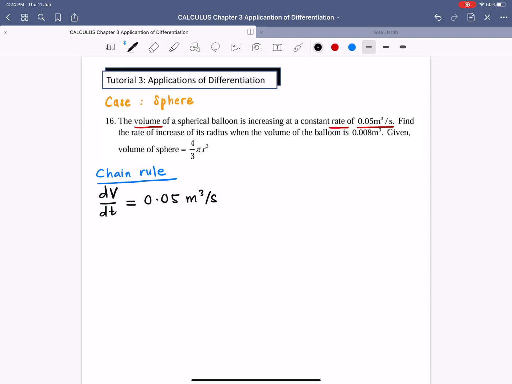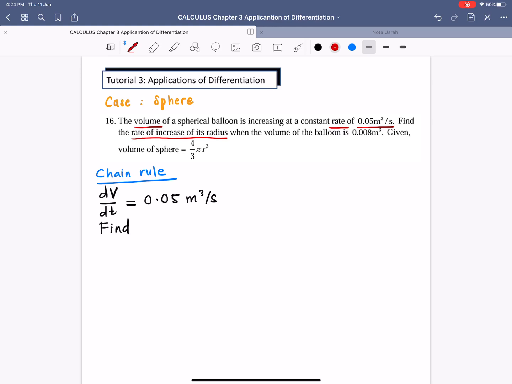The second sentence: find the rate of increase of its radius. So what you need to do is find the rate of increase of its radius.